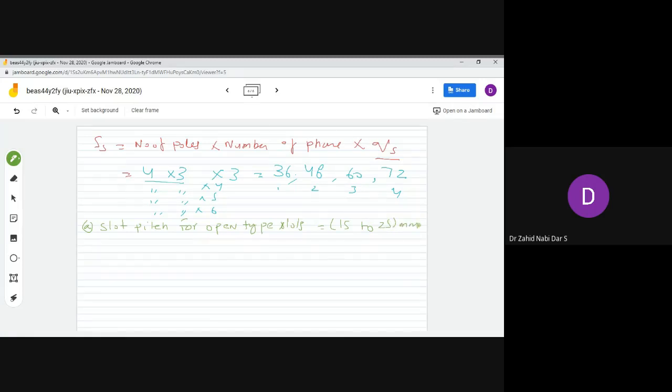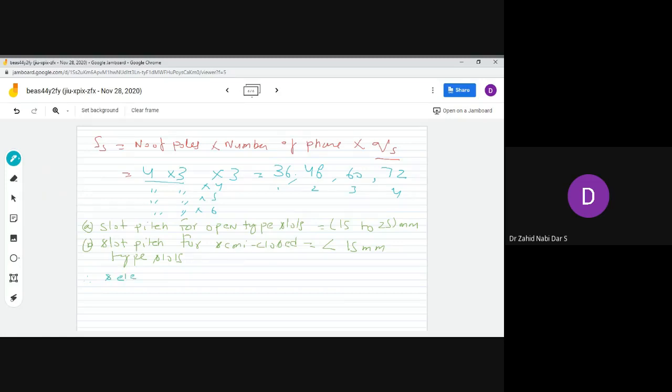Slot pitch for semi-closed type slots would be less than 15 mm.